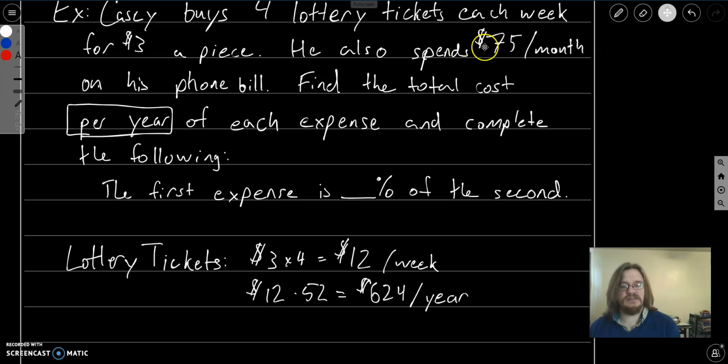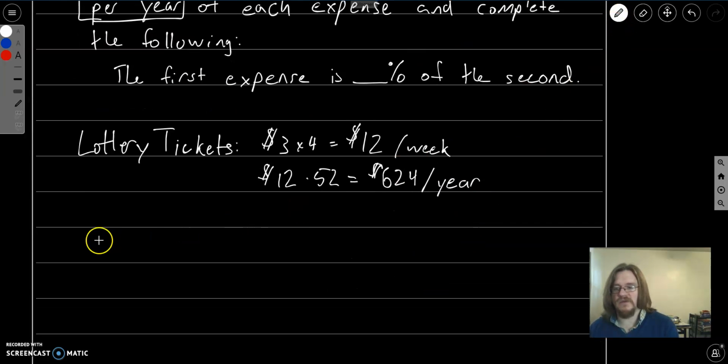My second expense, I'm spending $75 each month on my phone bill. So for the phone, well, if we're spending $75 each month, and we know that there are 12 months in a year, we'll just multiply by 12.